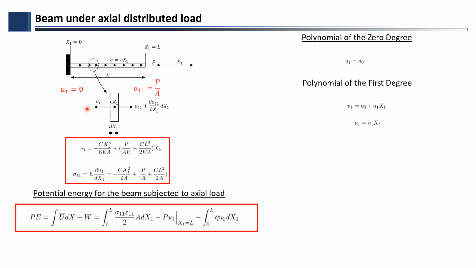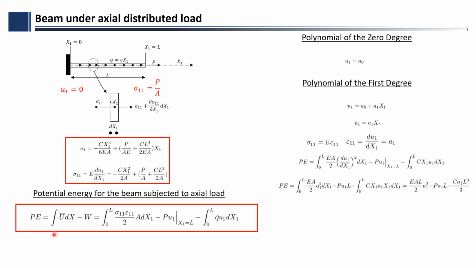We have solved the potential energy for this beam before, so I'm going to use it directly. Next step, we need to express sigma 1 and epsilon 1 using the displacement function. And then we plug in sigma 1, epsilon 1, and u1 into the potential energy of the system.